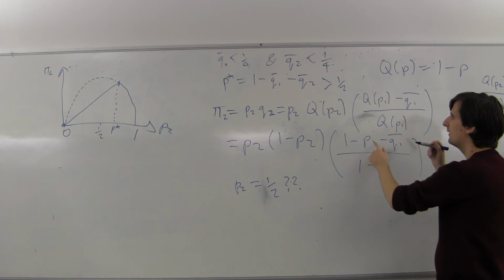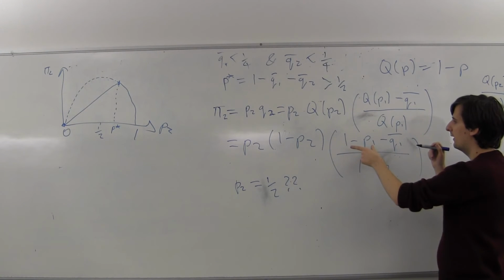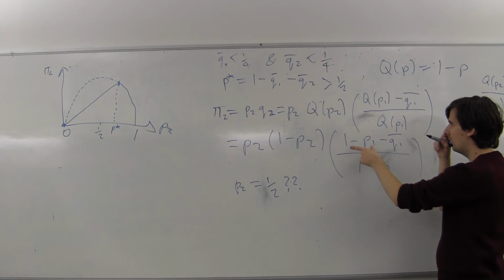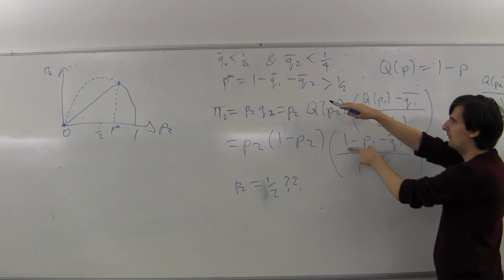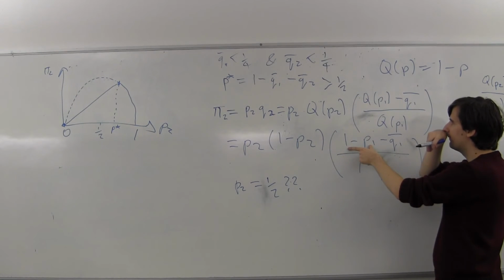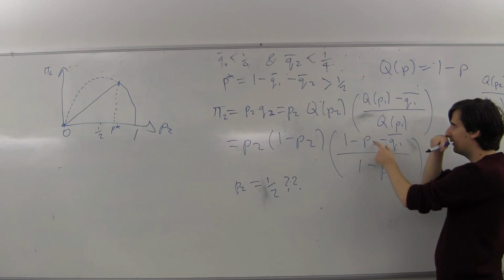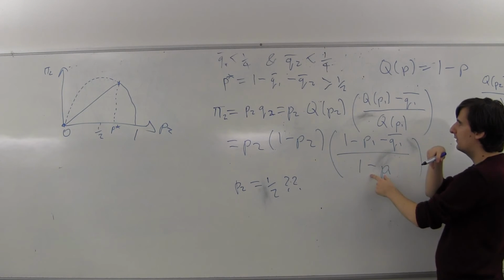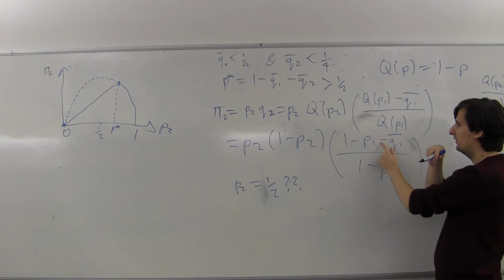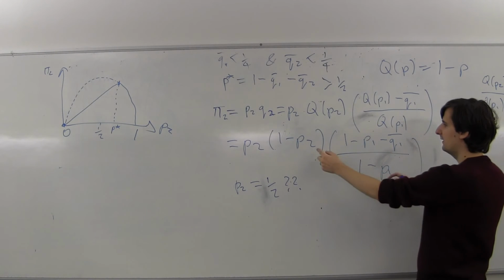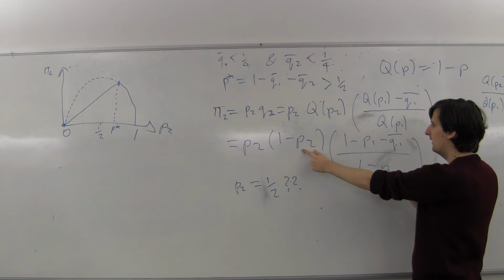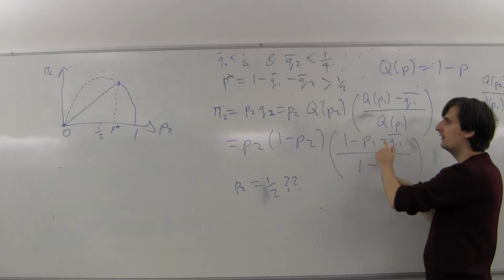This thing is 1 minus P, so P1 is also equal to P star, Q1 bar. So this is Q1 bar plus Q2 bar, then we're taking away Q1 bar. So this is Q2 bar. And then on the bottom we've got Q1 bar plus Q2 bar. So this is Q2 bar divided by Q1 bar plus Q2 bar. These two things cancel out, and you're just left with Q2 bar.